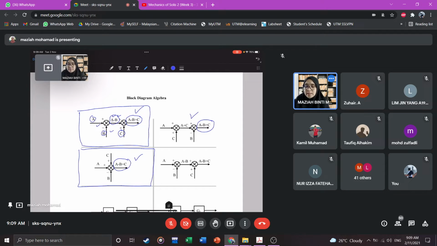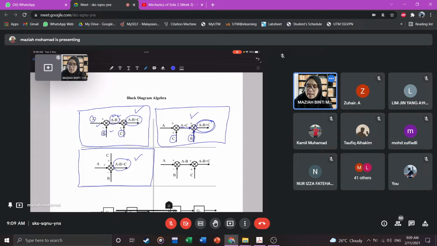And the order of the parameters also, meaning you can put A minus C first, A plus C, then only minus B, as in this diagram. So here A minus B plus C, three variables, but we want to draw only two arrows.